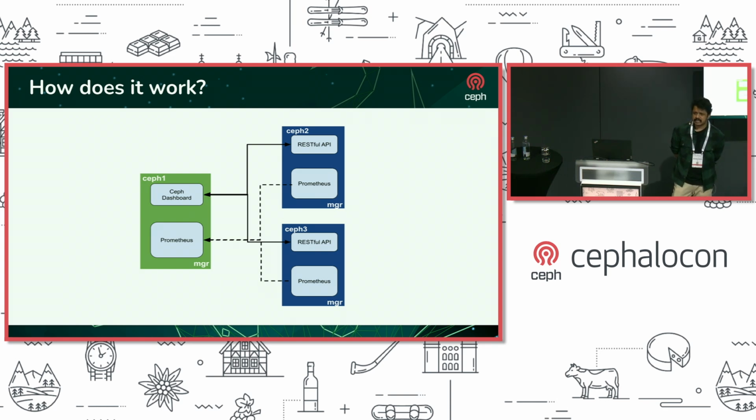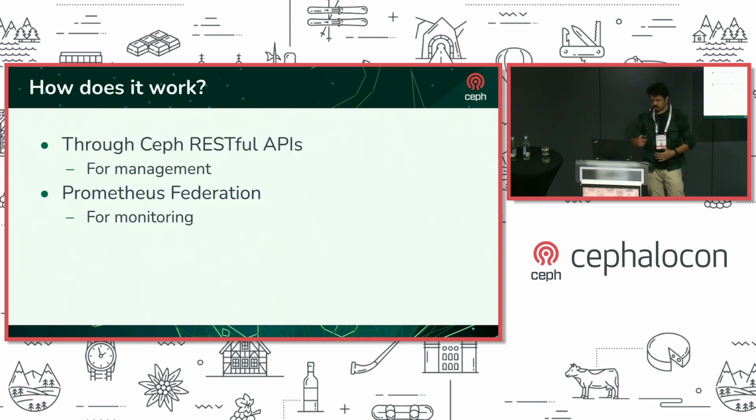We have to do scale testing around this, to see how federation behaves if you have more than 10 clusters and are constantly pushing metrics back and forth. That's something we are planning to do later on, but for now, the whole thing goes through the Prometheus federation.